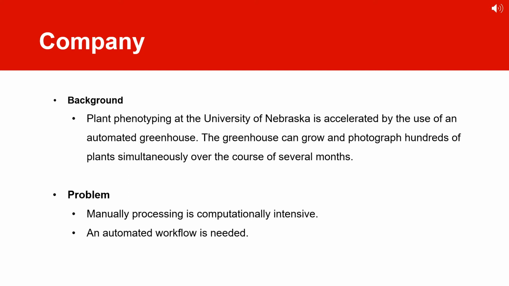The system is fully automated and environmentally controlled, with automated watering and weighing stations, and 4 chambers equipped with cameras capable of collecting images in the visible, infrared, fluorescent, and hyperspectral range of each plant. And it's able to grow and photograph hundreds of plants simultaneously over the course of several months.